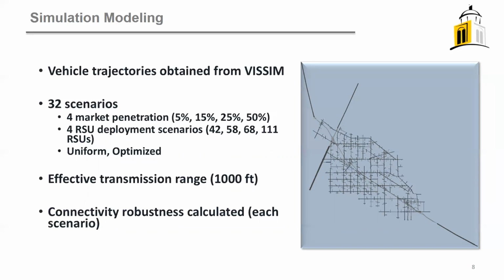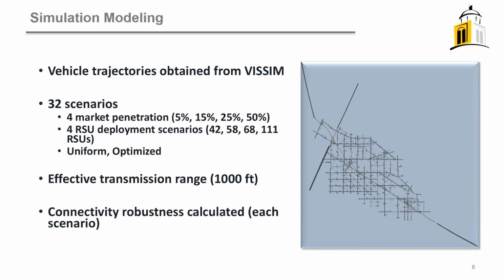So in your simulation, have you considered any interaction between the connected or automated vehicle and the non-CAV, and any impact between them, which I believe is sometimes significant on the overall performance?